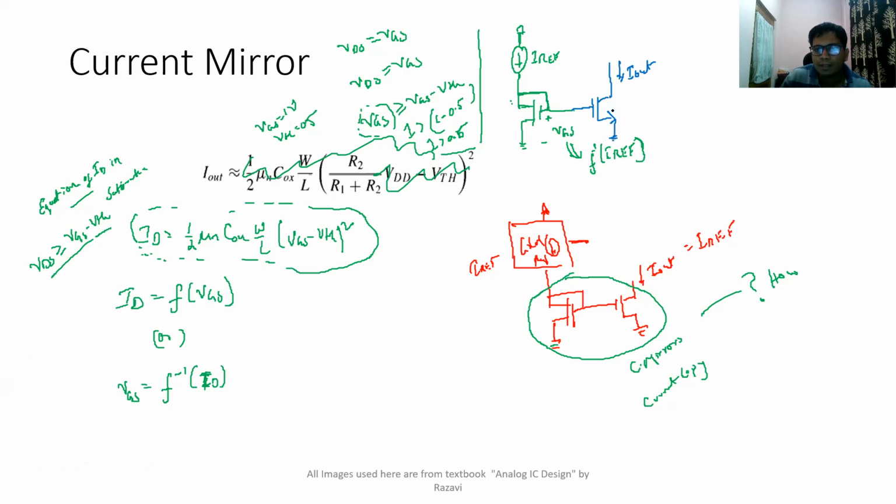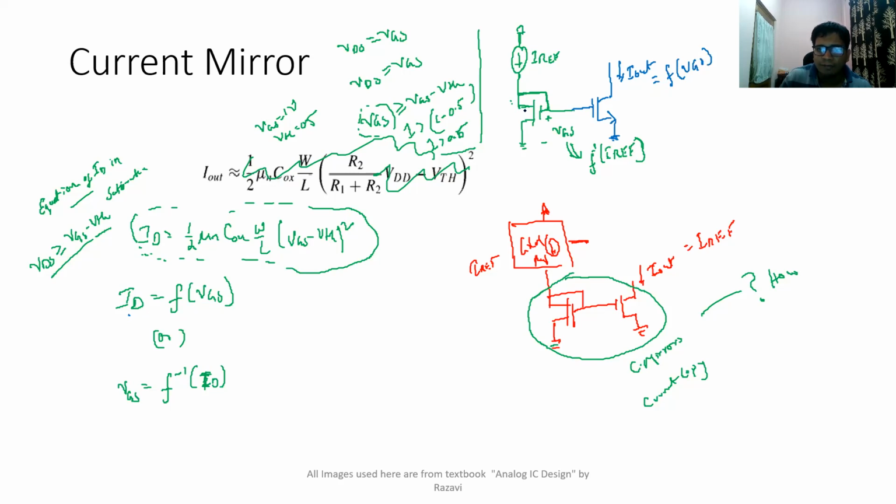Because it's again a transistor, and you are applying the same VGS, this is in saturation. Obviously, this will also go into saturation. So this I out will be given by, as we have just seen, the ID of any transistor is a function of its VGS. So this I out will be equal to f of its VGS.